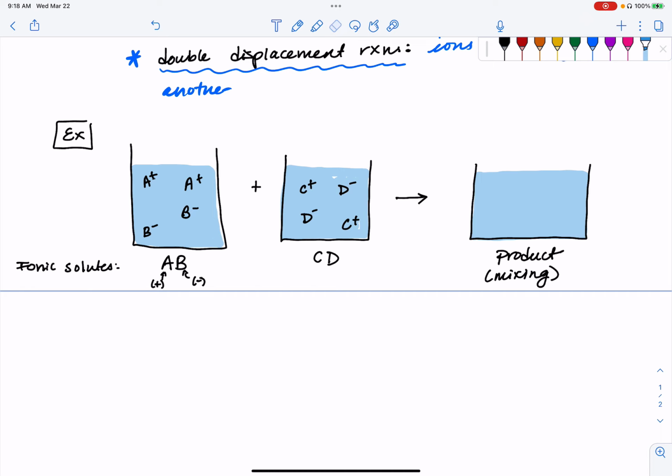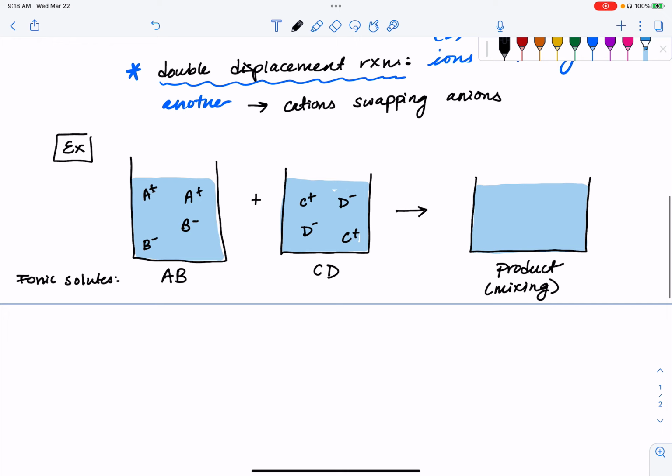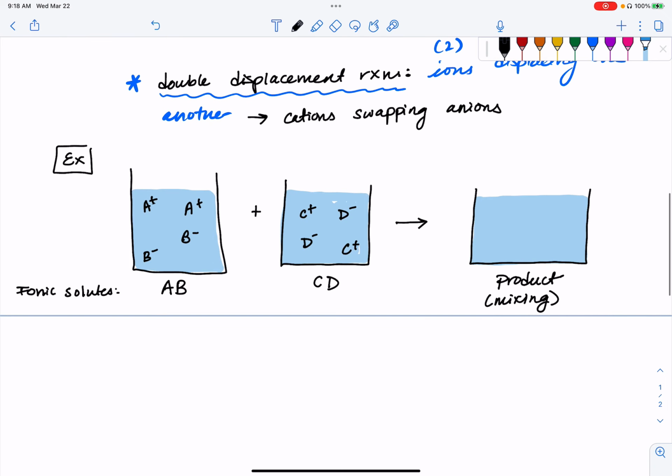So remember, double displacement is where one thing displaces another and vice versa. And the way that I like to think of double displacement is I like to think about our cations swapping anions. So it's a little do-si-do, change your partner type reaction.